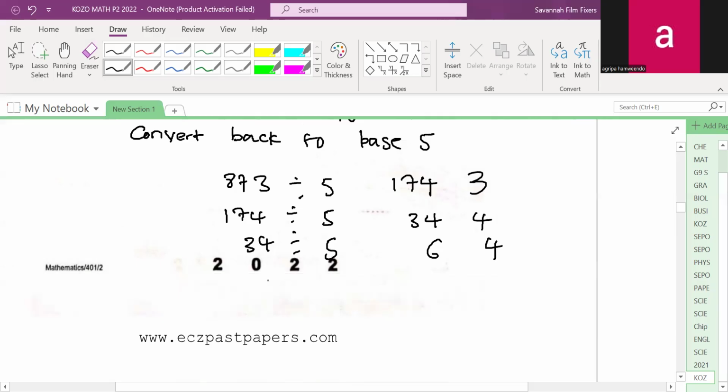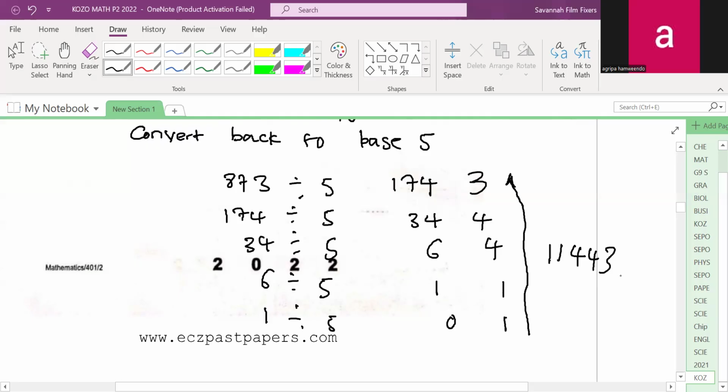Then 6 divided by 5, we'll get 1, remainder 1. Then finally, 1 divided by 5, we'll say 0, remainder 1. Then we'll read the values upwards. So we're going to end up with 11443 base 5, like that.